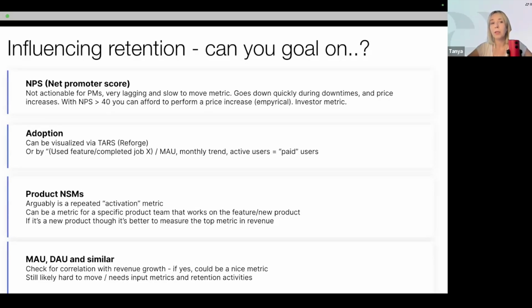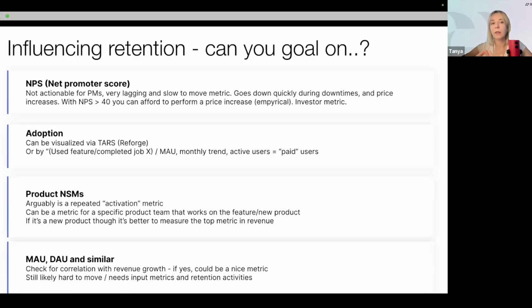So instead of NPS, you can actually use the data from your product, what kind of features people are using, what kind of features they're adopting, what kind of use cases and jobs they're fulfilling. So this is done through adoption metrics. One of the approaches is called TARS. You can Google it, and it's on Reforge.